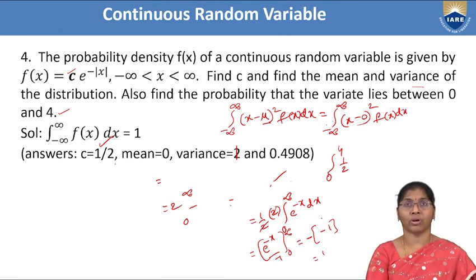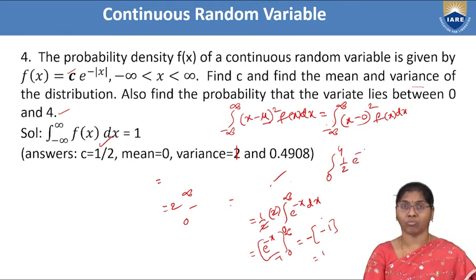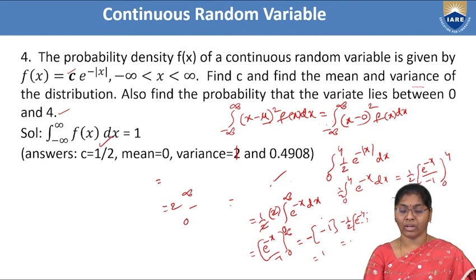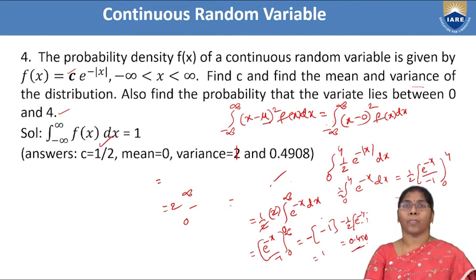Directly I am considering integral 0 to 4 of 1 by 2 e power minus x dx, which equals 1 by 2 into e power minus x by minus 1, from 0 to 4. That means 1 by 2 into minus e power minus 4 minus minus e power minus 0, that is 1. We finally get the value 0.4908. That is the final answer.